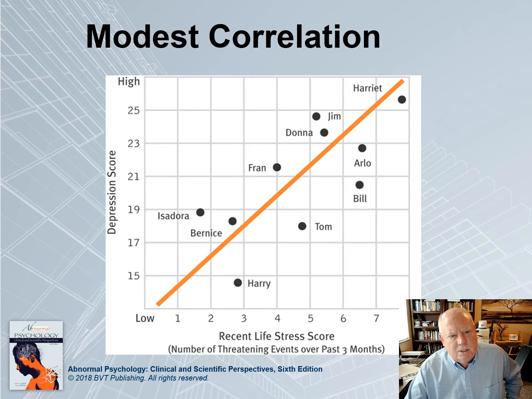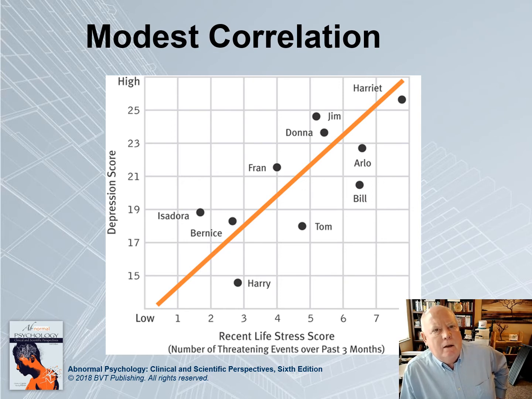Now, this is the same scatter plot that we saw earlier, looking at life stress and depression. And in fact, there is a modest relationship between life stress and depression. Now, modest means that these points are not closely aligned with this prediction line, but tend to cluster around it.